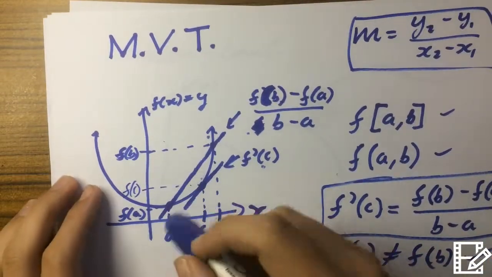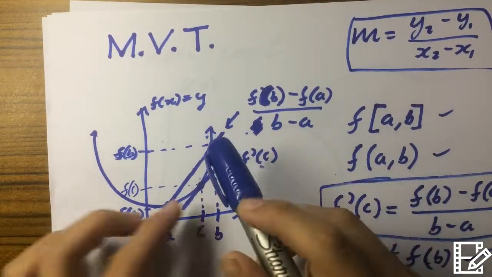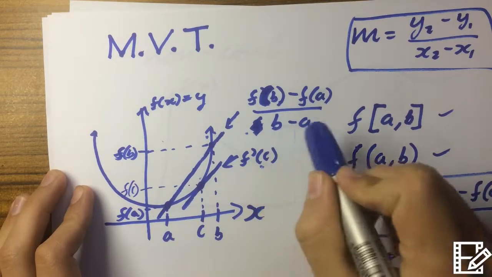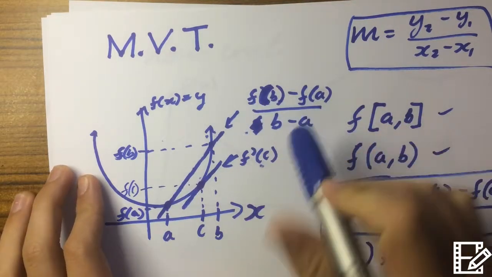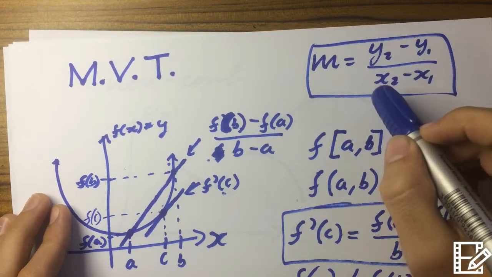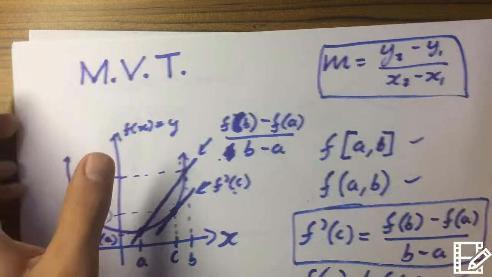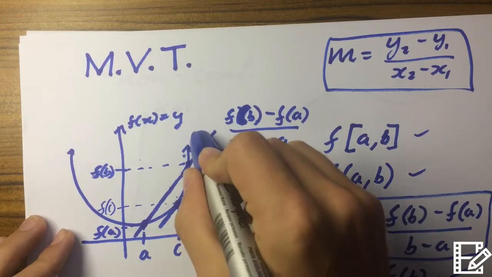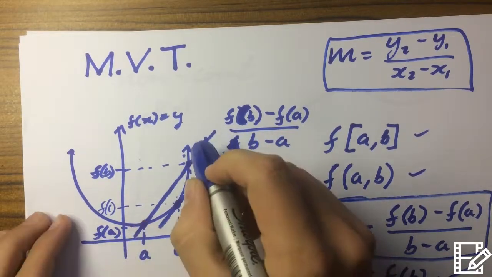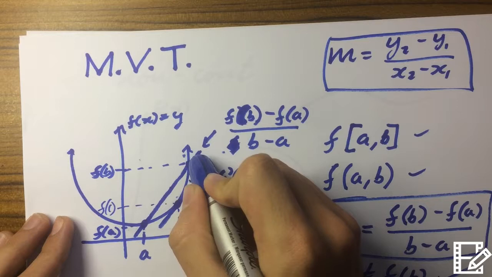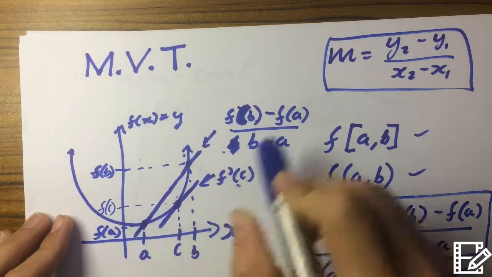In this case, the secant line isn't 0, and the way we find that out is we have function of b minus function of a over the b value minus the a value, and that is just another way of writing m equals y2 minus y1 over x2 minus x1, which is saying you basically have the y value up here minus the y value down there, because you have 2 points, divided by the x value of this point minus the x value of this point, and that's what you get.